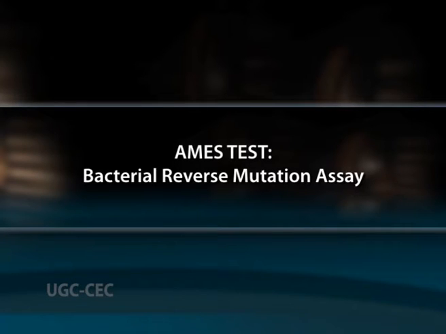AMES test, bacterial reverse mutation assay. The bacterial reverse mutation assay is used to evaluate the mutagenic properties of test articles. The test uses amino acid dependent strains of Salmonella typhimurium and Escherichia coli. In the absence of an external histidine source, the cells cannot grow to form colonies.